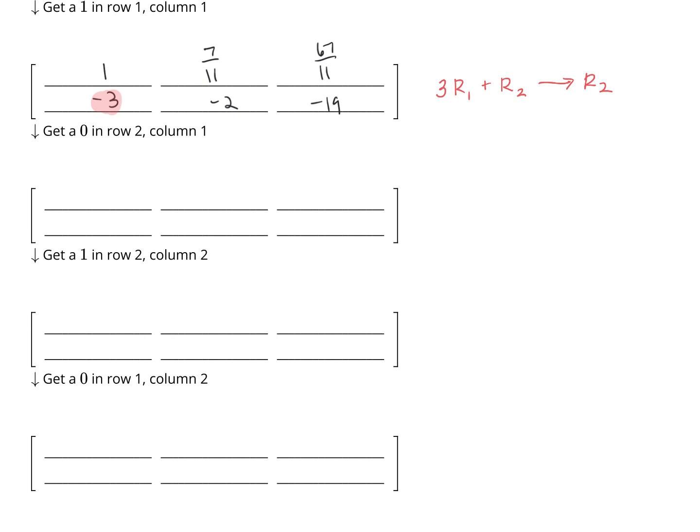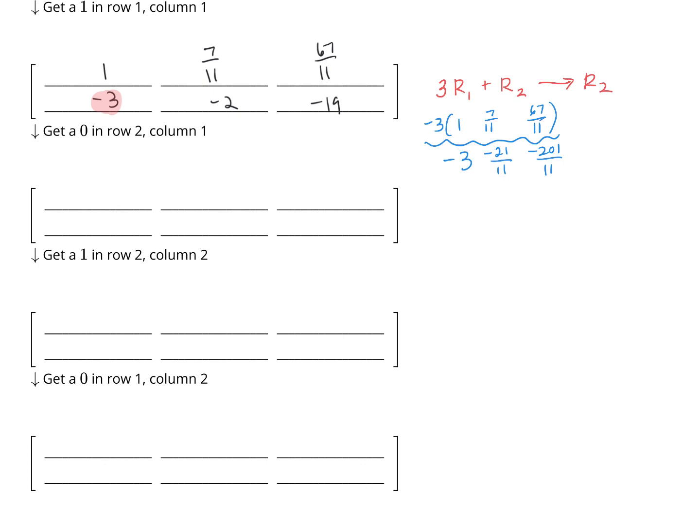So let's do our scratch work. We're going to have negative 3 times row 1, and this is not going to be fun because we have fractions. So we have negative 3, negative 21 over 11, and let's see, what is 67 times 3 is 201, so I'll have negative 201 over 11.